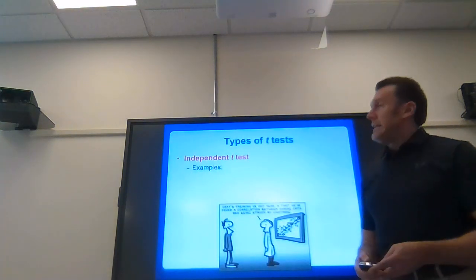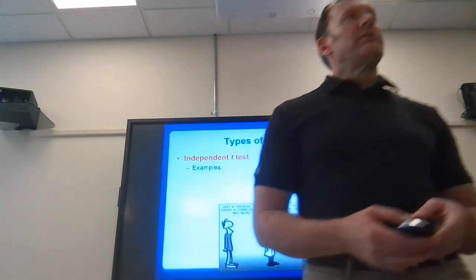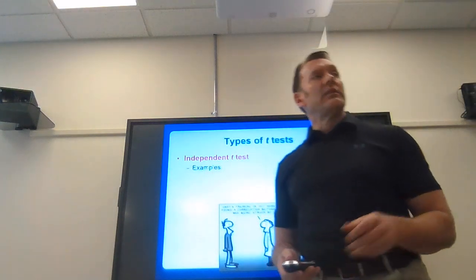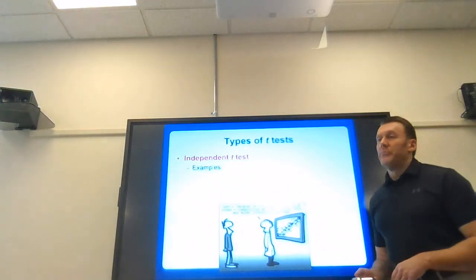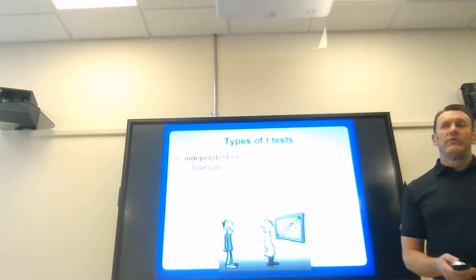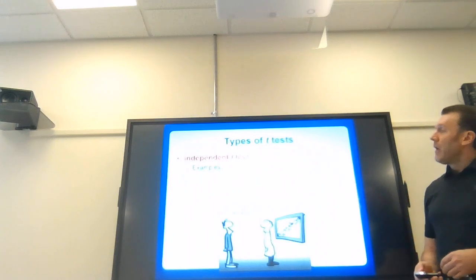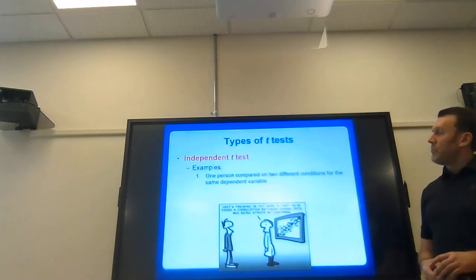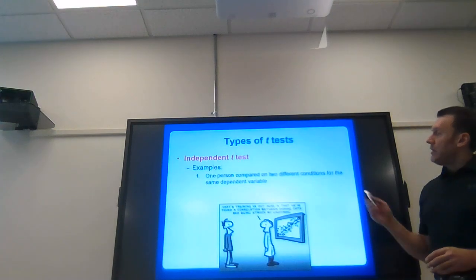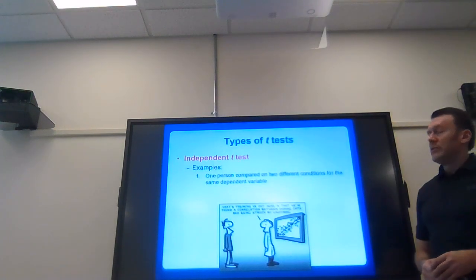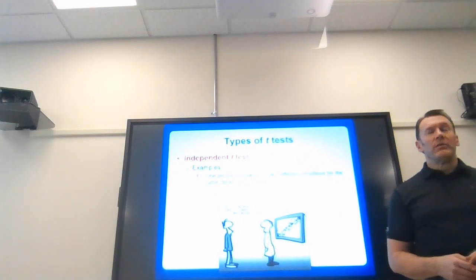Okay, so let's talk about an independent t-test. There's a couple of examples, and as I look around, there are those of you that would fit in each category. Example number 1, one person compared on 2 different conditions for the same dependent variable.